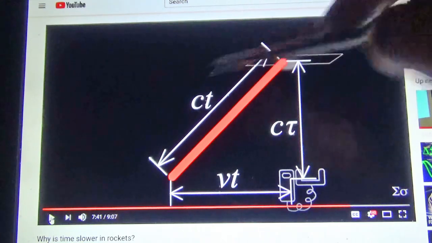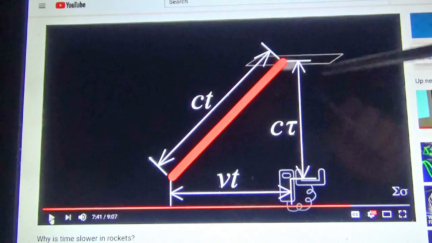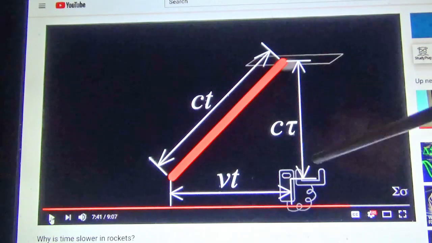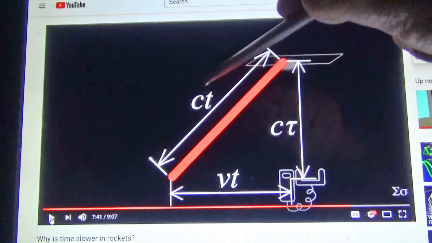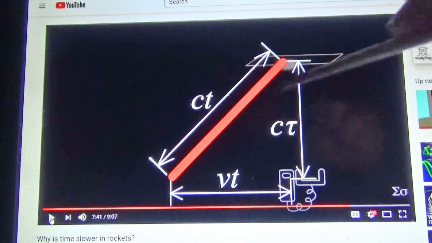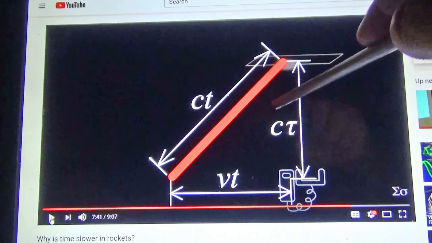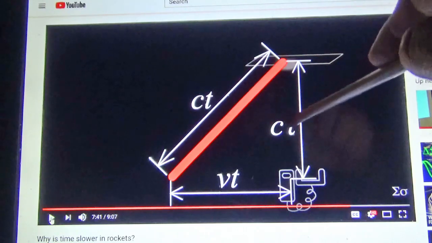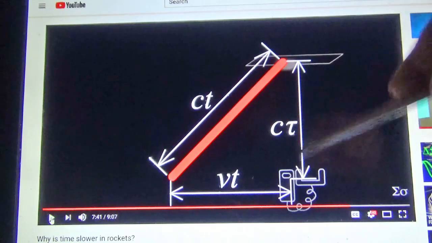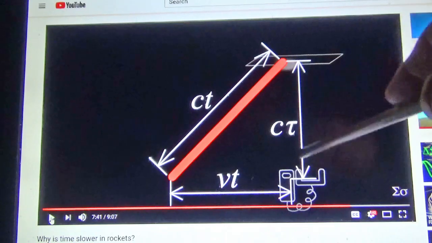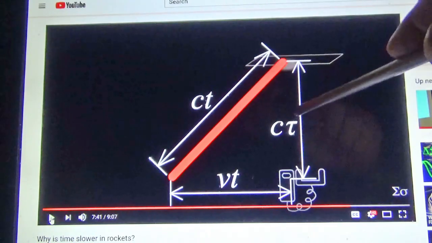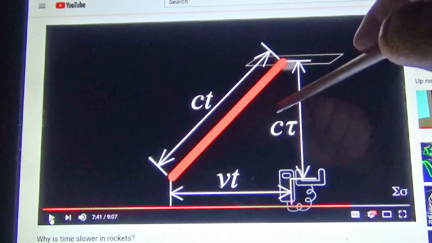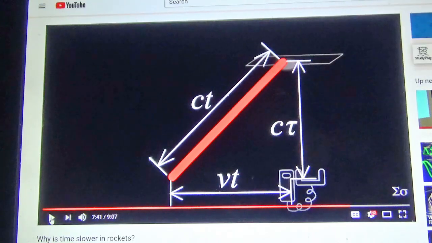Surely it should be some speed here times t, the time interval t, not tau. You should expect that this speed times a time interval would be t, not tau. And then you'd wonder, is the speed actually c or some other value?